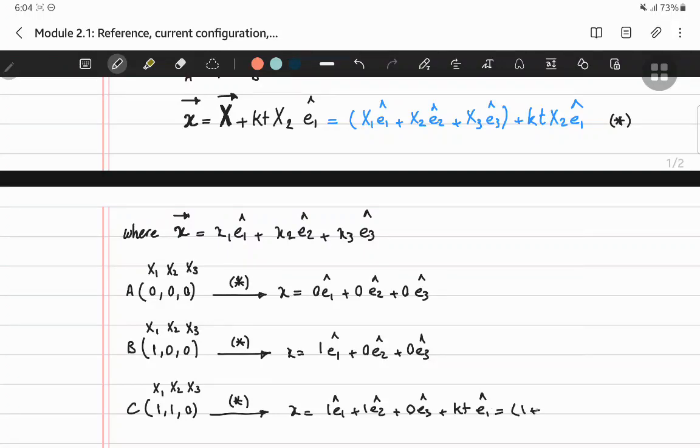So it is 1 plus kt E1 plus 1 E2 plus 0 E3.